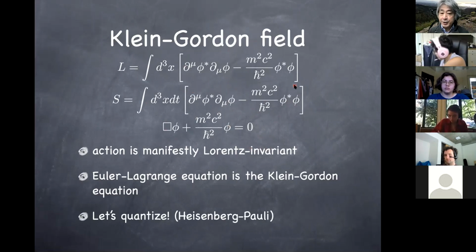But now that we have the action, we know how to identify the canonical momentum conjugate to the phi variable, then set up the canonical commutation relation, and then quantize it to find the mode expansion in terms of creation-annihilation operators. And that's exactly what Heisenberg and Pauli did. And that leads to a consistent quantum field theory.